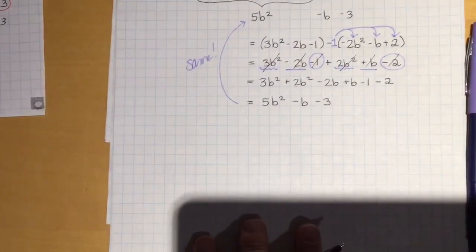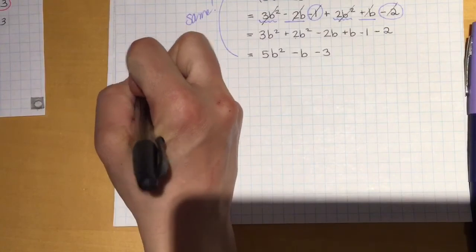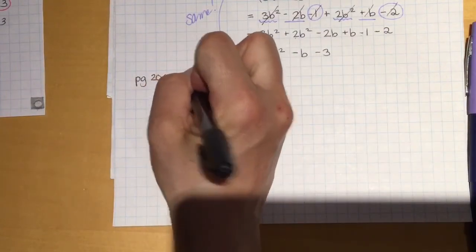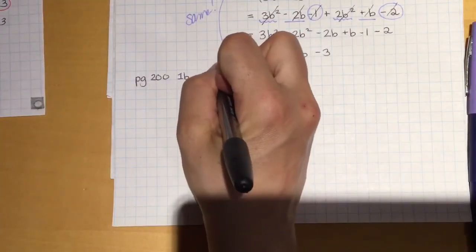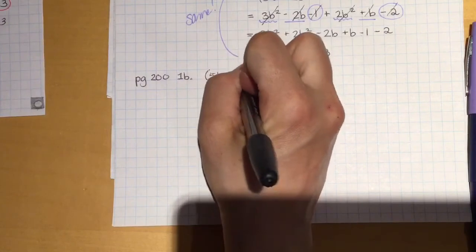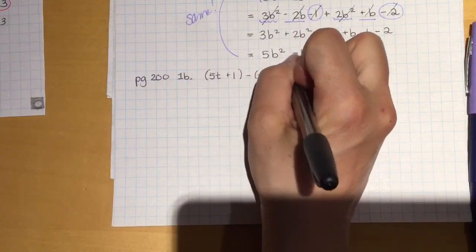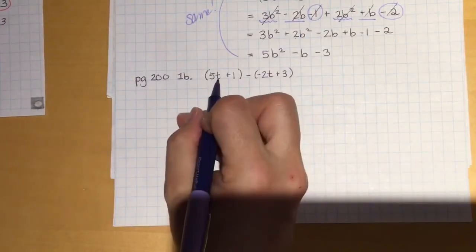Okay, let's try one more. Go to page 200 and let's do number 1b. It shows brackets 5t plus 1 subtract negative 2t plus 3. The first thing I'm going to do is draw out this one.